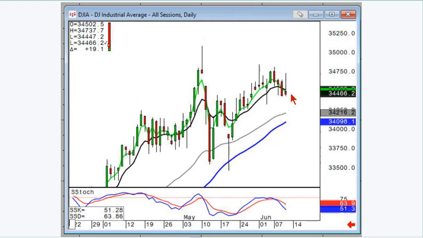Otherwise, that pressure is already there, and sure enough, it came back down. That's why in the morning and afternoon comment, or especially the morning comment, I said don't move too fast, because these need to close near the high end of the range to stay long.